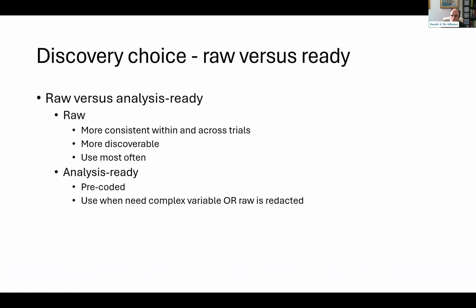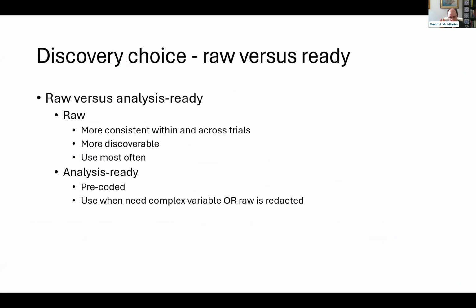Okay, as you work with these data, you're going to have to make a decision. Do I work with the raw data or do I work with the analysis ready data? Now the raw data tends to be more consistent across trials by design and within trials.